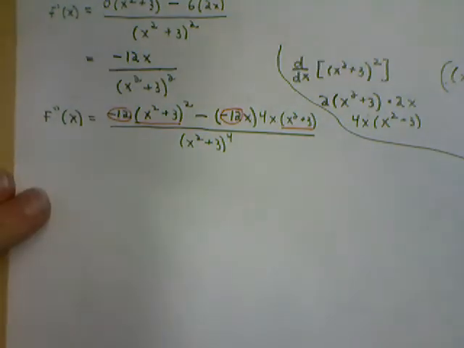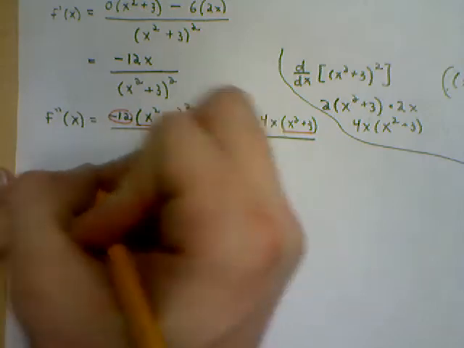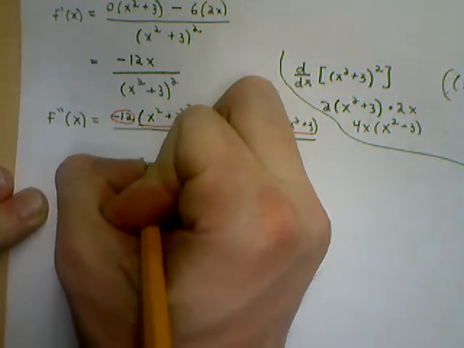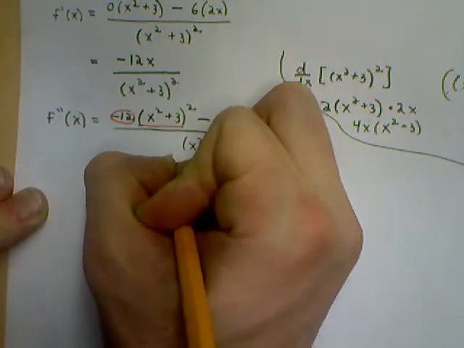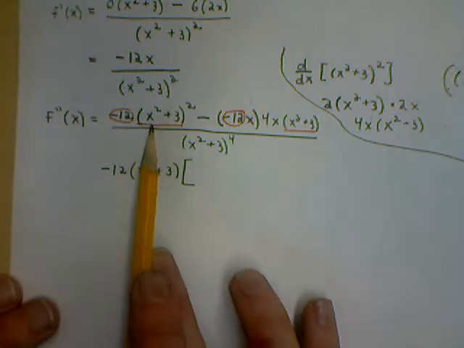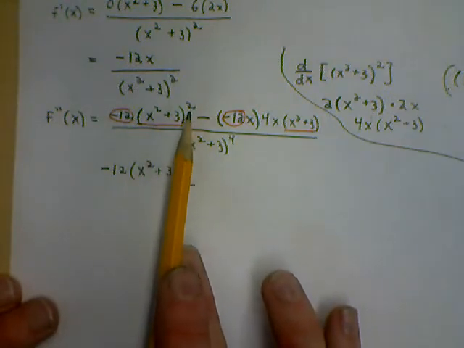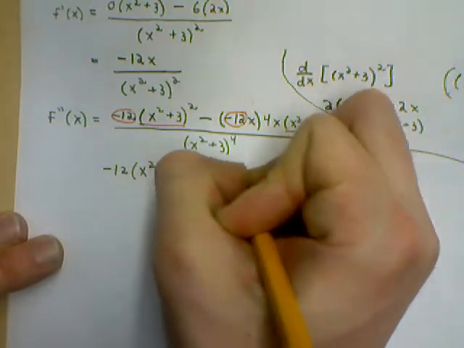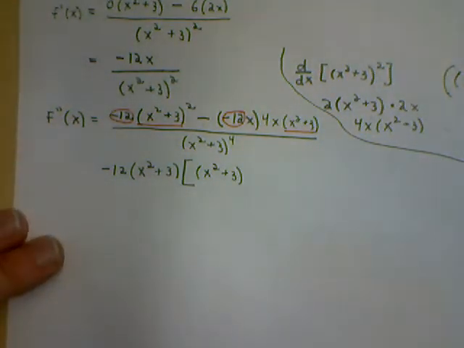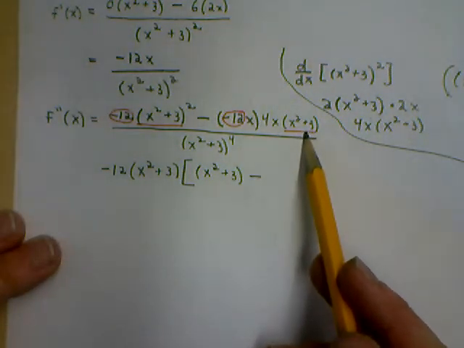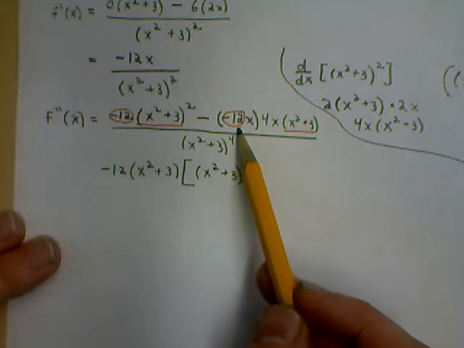So I'm going to factor out negative 12 times x squared plus 3. Now, when I bring an x squared plus 3 out of x squared plus 3 squared, I'm just going to have x squared plus 3 to the first power, minus, all right, I factored out this x squared plus 3 and I factored out the negative 12.